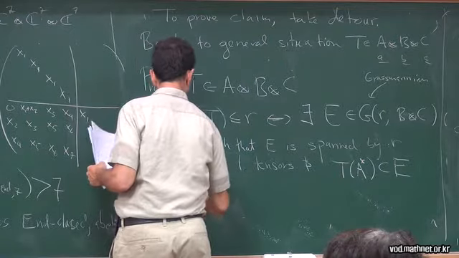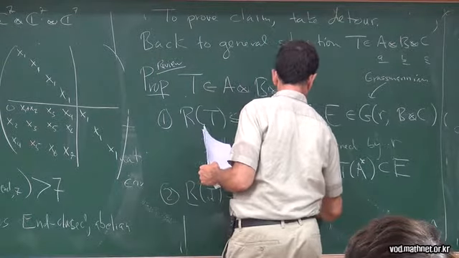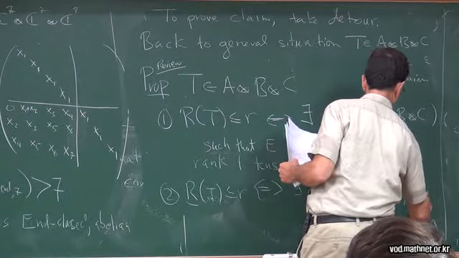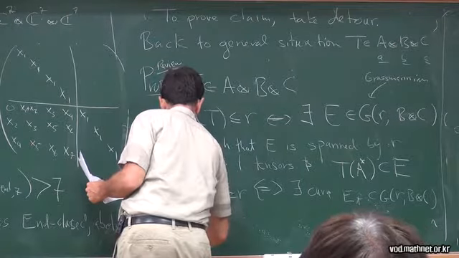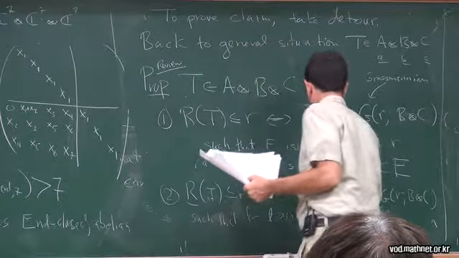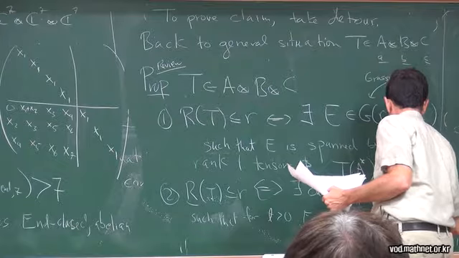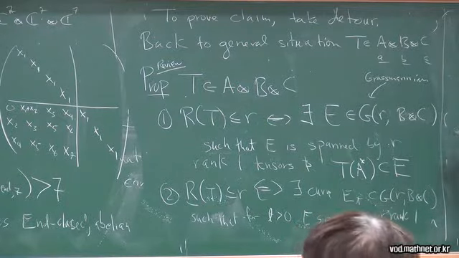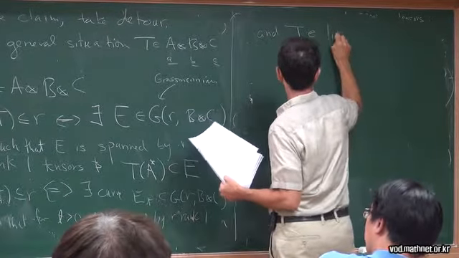And 2, the border rank of T is less than or equal to R, border rank now, if and only if there exists a curve E_t in the Grassmannian such that for t greater than 0, E_t is spanned by R rank 1 elements and T(A*) is in the limiting plane.